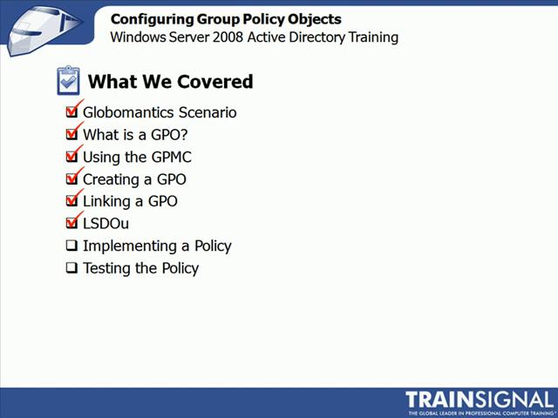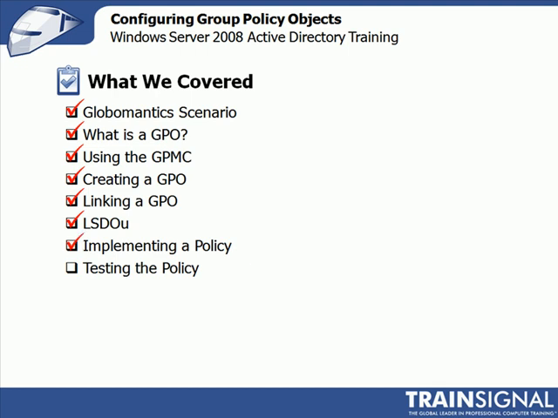Now, we're going to touch upon this in more detail in the next lesson. I just wanted to give you that quick piece of info in case that was still confusing, because I kind of implied it but didn't clearly state that you have that level of flexibility, and that's why LSDOU and understanding that order of processing is so important.